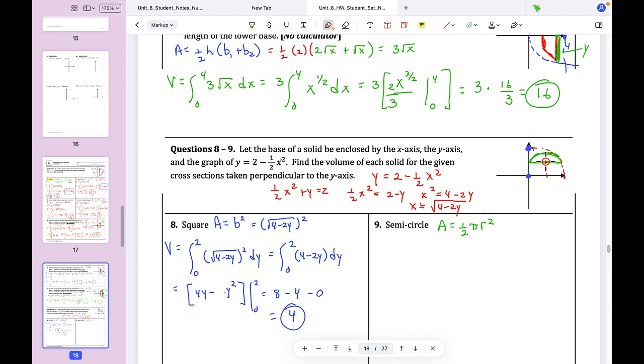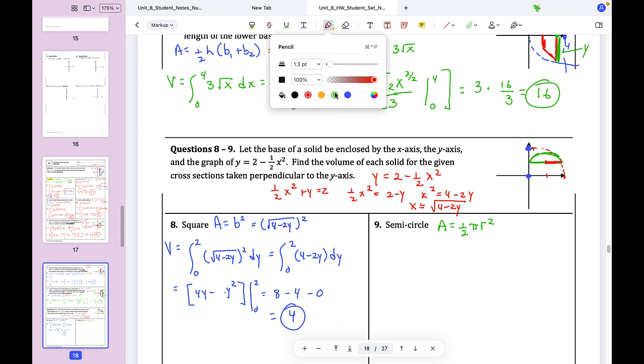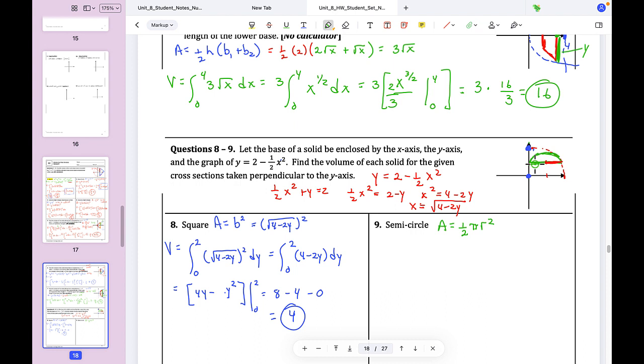So r is basically 1/2 of x. This whole thing here is x, so r is 1/2 of that.